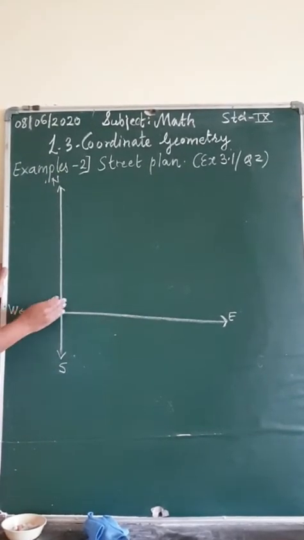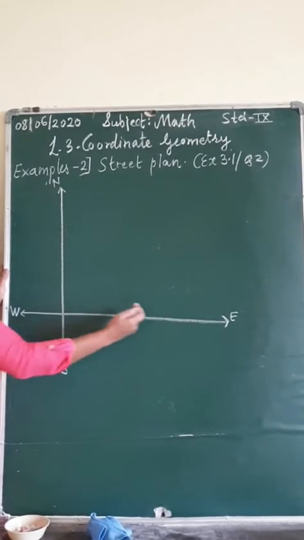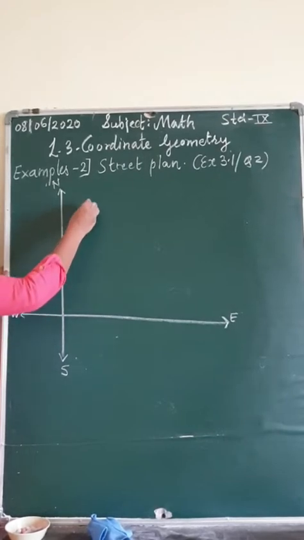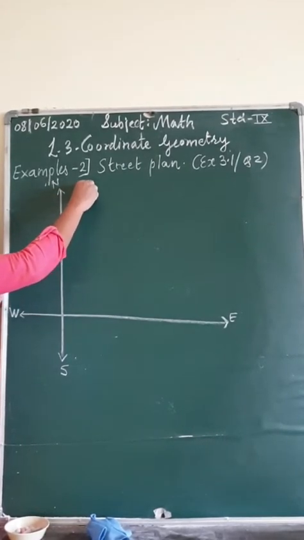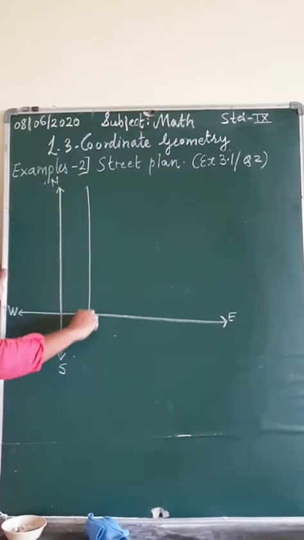And then there are 5 streets in one direction as well as 5 streets in the other direction. So let's first draw the roads running in the north-south direction, 5 streets.